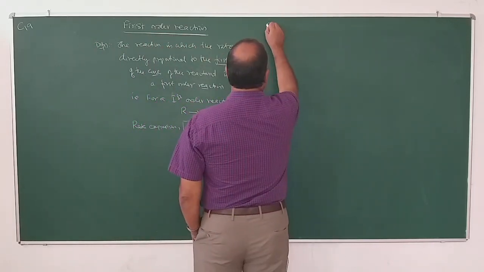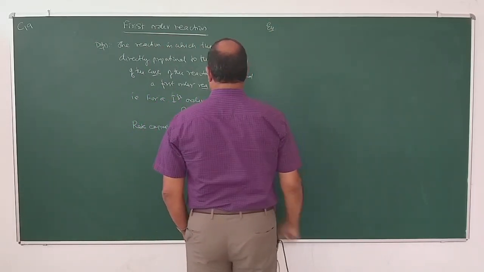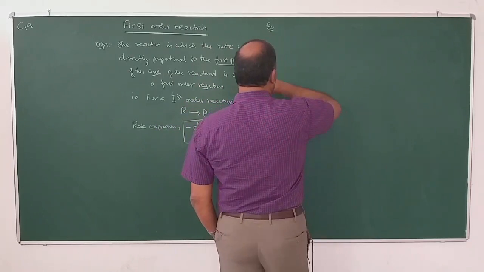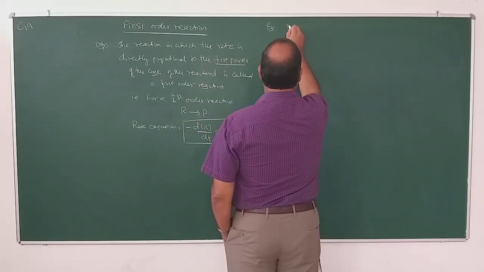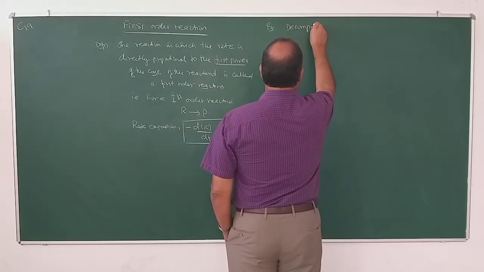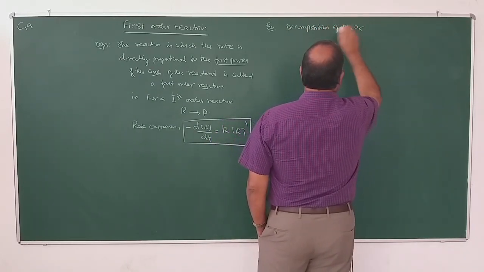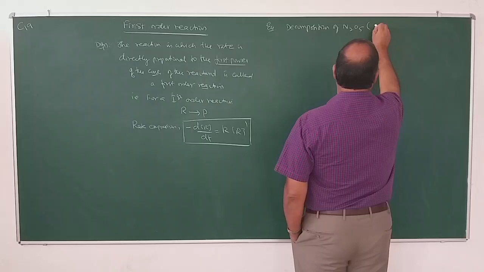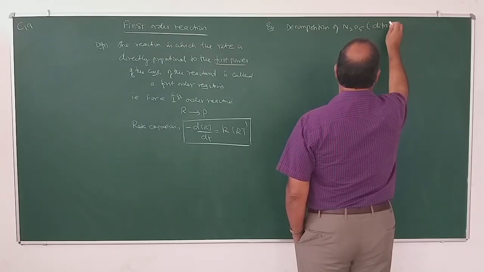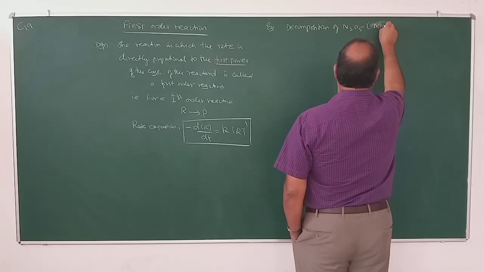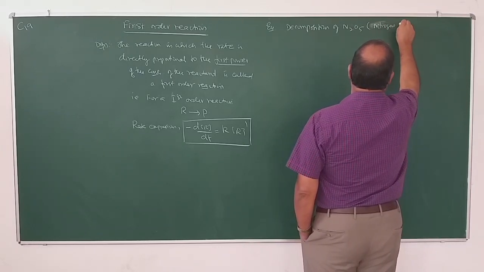Coming to the examples for first order reactions. Example: decomposition of N2O5, that is nitrogen pentoxide.